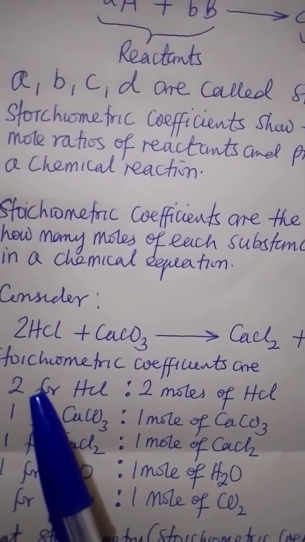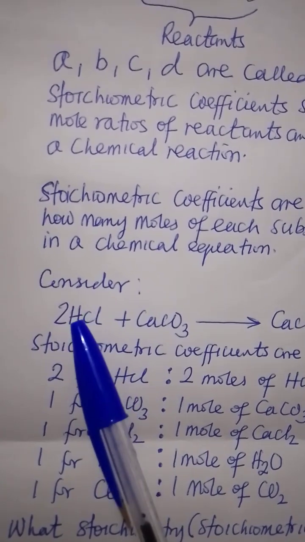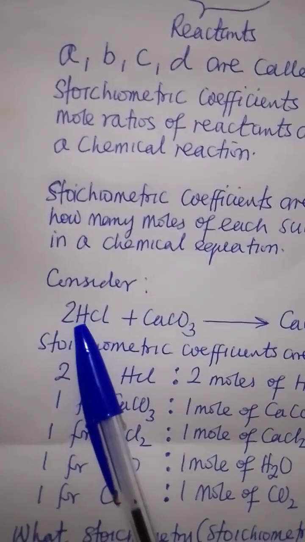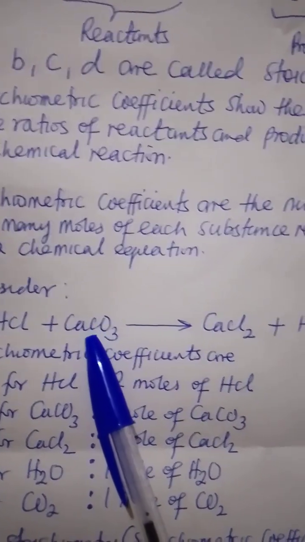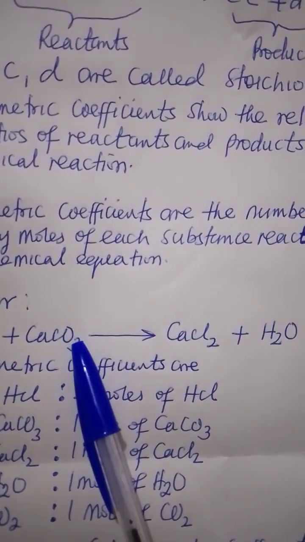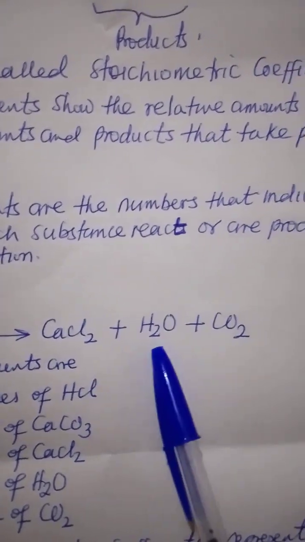Consider this chemical reaction. You have dilute HCl reacting with calcium carbonate to produce calcium chloride, water, and carbon dioxide gas.